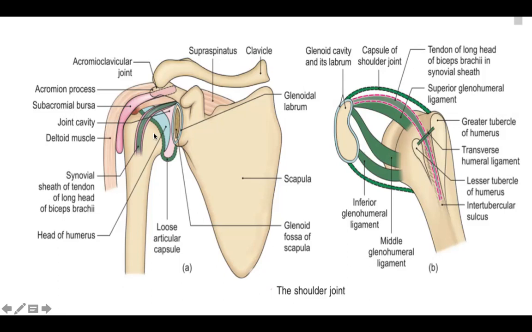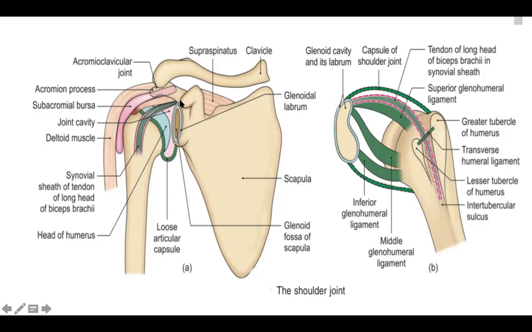Of course, the shoulder joint is also called the glenohumeral articulation because it is between the glenoid cavity and the head of the humerus. This is the primary socket. The ligament between the acromion process and the coracoid process will form an arch. This arch, called the coracoacromial arch, consists of the coracoid process, the coracoacromial ligament, and the acromion process.